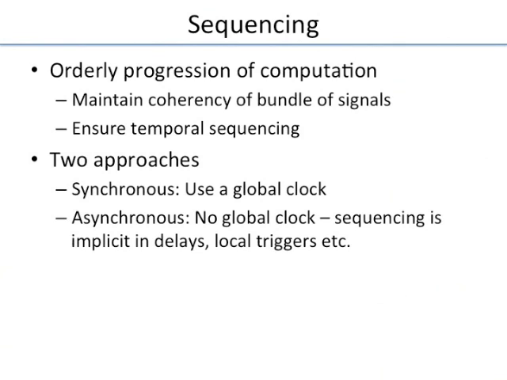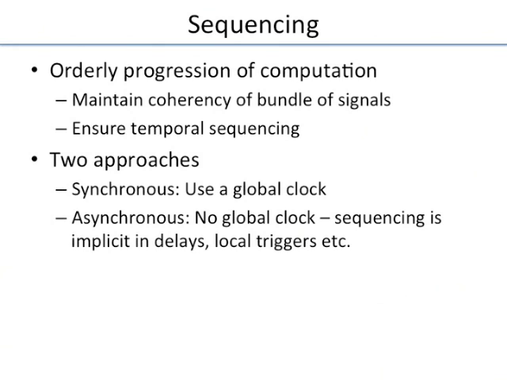You have to maintain this temporal sequencing, and there are 2 ways of doing it. There is the synchronous approach and then the asynchronous approach. In the synchronous approach, you have a global clock. The clock is a periodic signal, and all activities are synchronized with the edges of the clock. That is the synchronous approach, and that is pretty much the dominant design style right now for digital designs.